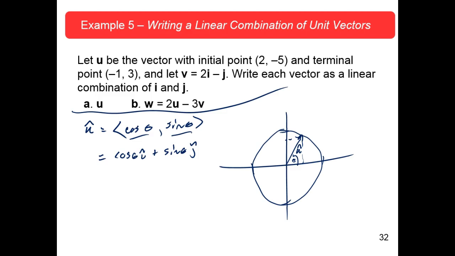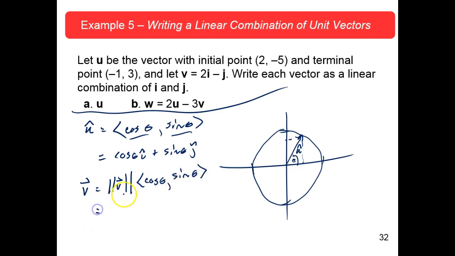Moreover, it follows that any other non-zero vector v making the same angle theta with the positive x-axis has the same direction as that u. So you can write v, any old vector v, not necessarily a unit vector, as the magnitude of v times cosine theta, comma, sine theta.